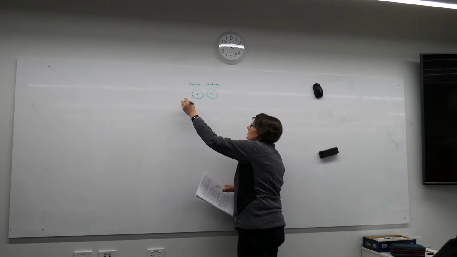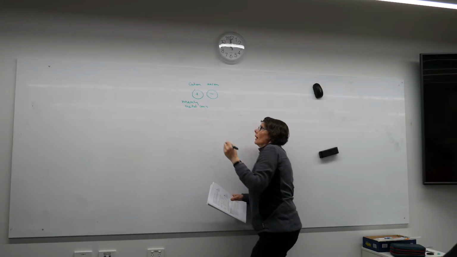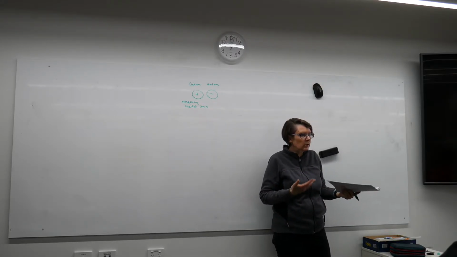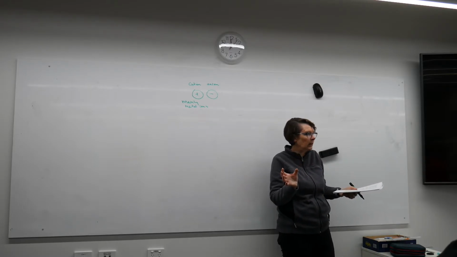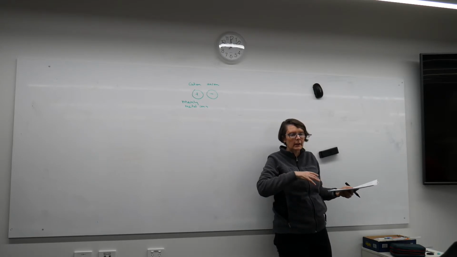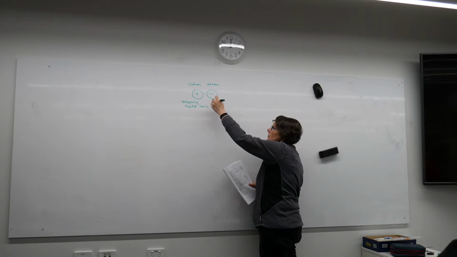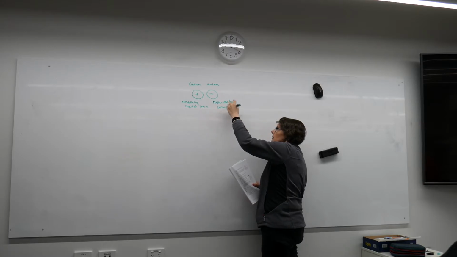Okay, so mainly metal ions. And our non-metals tend to be on the right-hand side of the periodic table, and they are accepting electrons, and so these tend to be non-metals. And also complex ions.